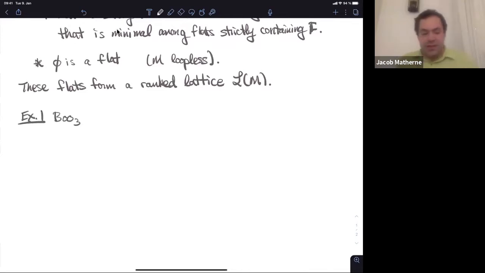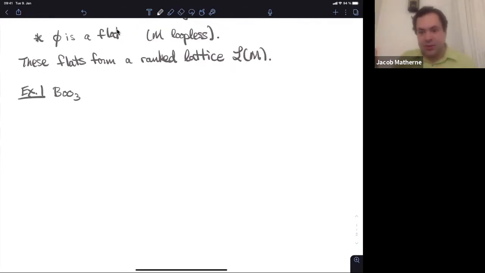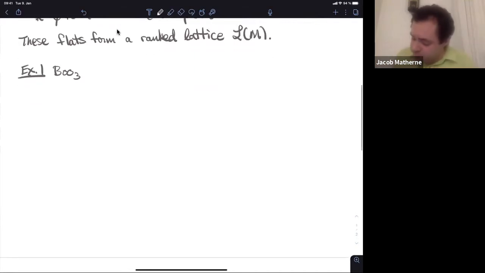Okay, so this I'm going to call Boo3. It's the Boolean matroid of rank 3. This is the set of all subsets of the numbers 1, 2, and 3. So I have the set of numbers 1, 2, 3, and I want to look at all subsets of it. I have the empty subset, and I'm going to be lazy and not write the braces for the subsets, but I have the subset containing 1, the subset containing 2, the subset containing 3, these singletons.